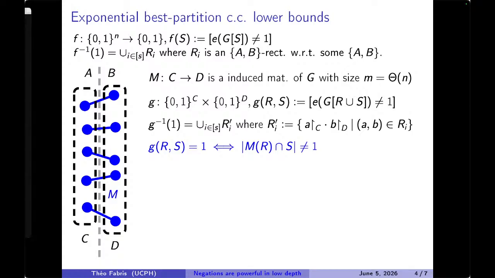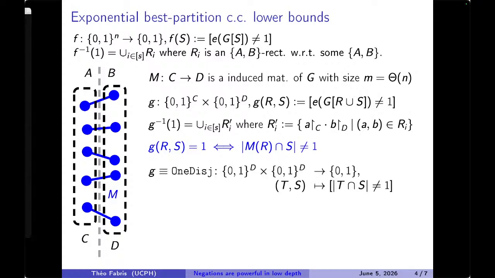It follows from the fact that we only consider this induced matching, and that's basically why we need an induced matching, just to have this property. And the nice thing about this property is that it is basically a disjointness function defined as follows. And Razborov did the hard job of proving the non-deterministic communication complexity lower bound for this function back in the 90s. So now we are done. We just proved a lower bound for the best partition communication complexity of the function f.